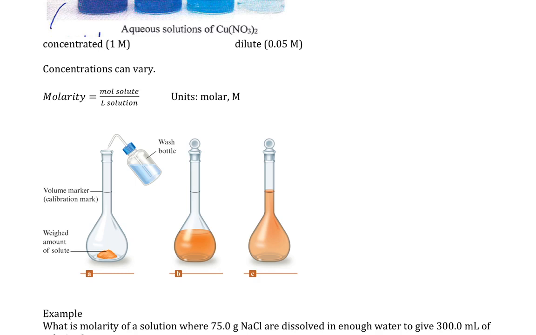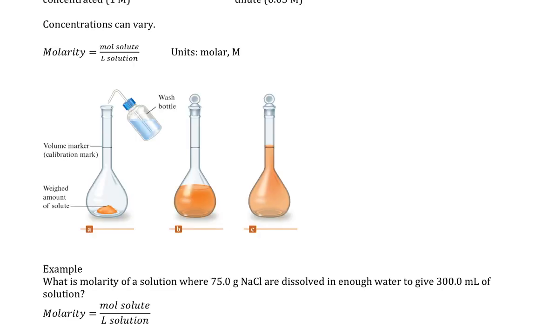Concentrations can vary. Molarity is defined as the moles of the solute per liter of solution. The units of molarity are molar, like up there we have a 1 molar solution and a 0.05 molar solution. We can write a big M when we're writing that out. The units break down to moles per liter.